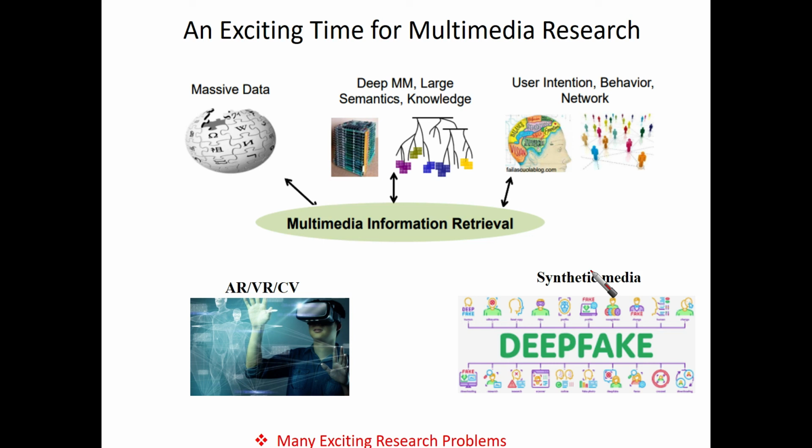So synthetic media is a huge thing. That means artificially generated images, artificially generated video, and many other things. These are very challenging. We also call this deep fake. As you can imagine, there are many exciting research problems, and perhaps you might be interested to invest some of your time and choose this area.